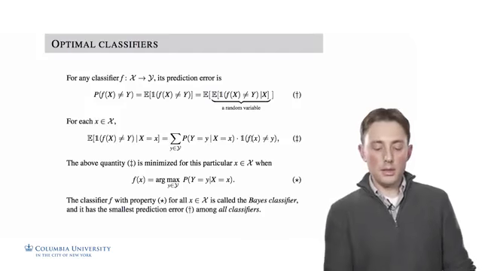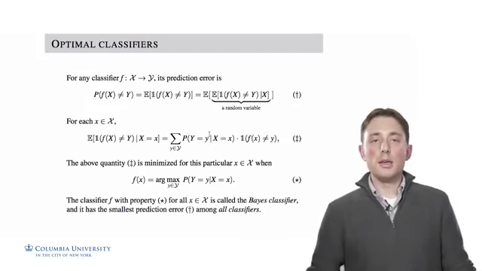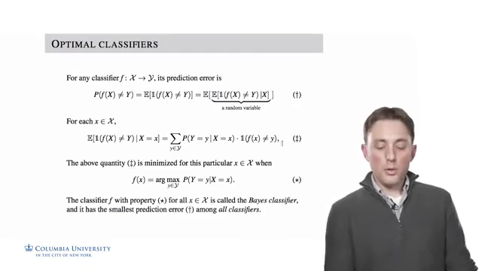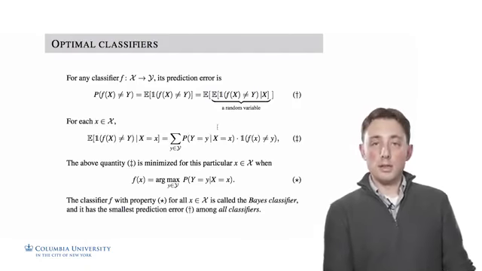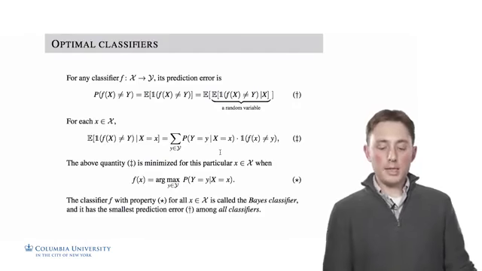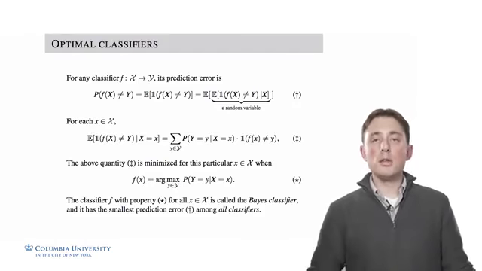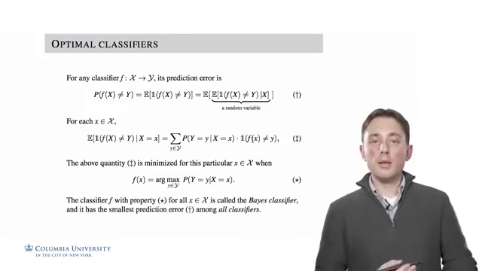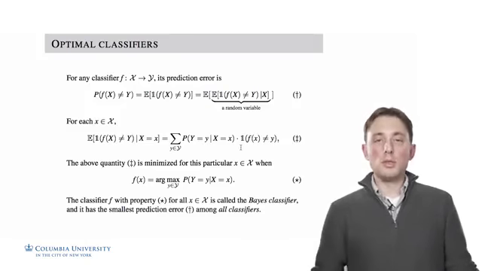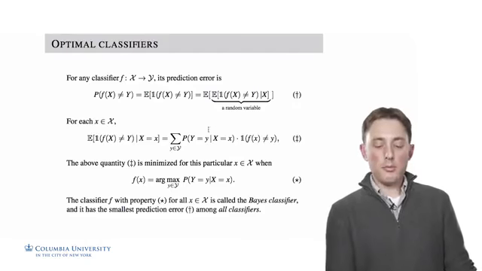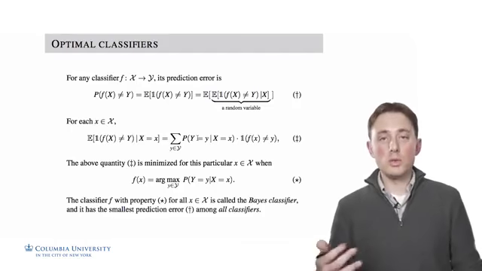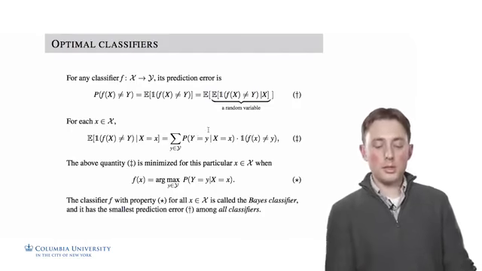In other words, sum up the probability that we get it wrong. So if we want to minimize this quantity, we can do so by assigning the label to x to be the most probable label according to nature. That way this is equal to 0 for the maximum value here, and then we're summing up the k minus 1 smallest probabilities according to this distribution.